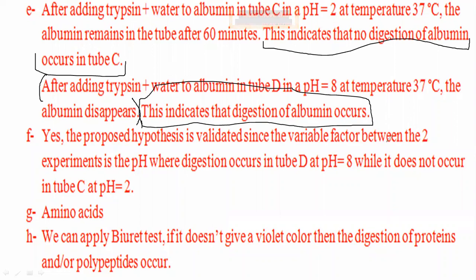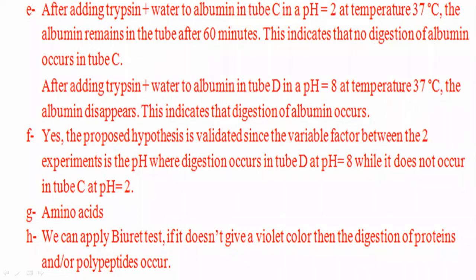Trypsin works on a protein to give what? To give amino acid, so the final product will be amino acid. How can we verify this? We can do the violet test. If there is digestion, it doesn't give violet, so digestion of proteins and or polypeptides occurs.